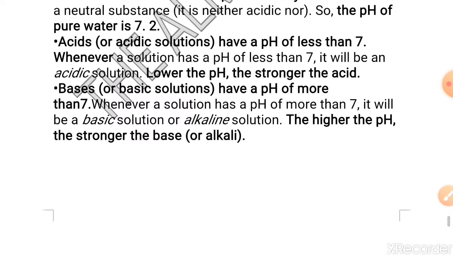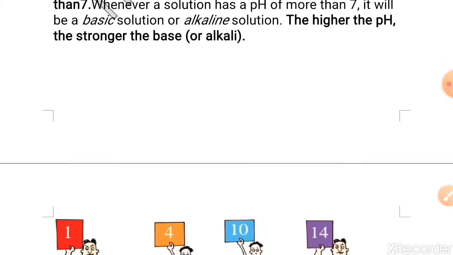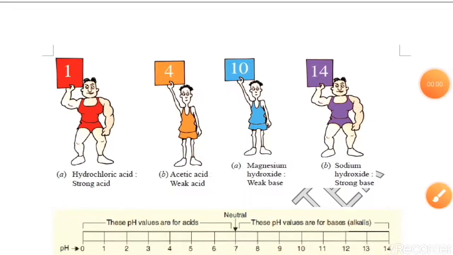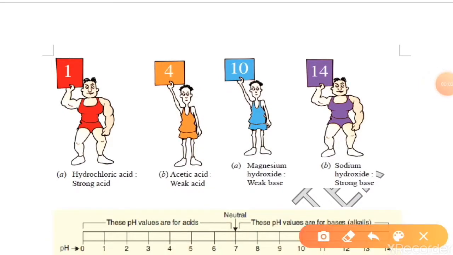Now students, we are comparing acids and bases depending on the pH value. In the first picture, you can see that hydrochloric acid, which is a strong acid, has a pH value of 1. Second, acetic acid, which is a weak acid, has a pH value of 4. It means that the higher the value of pH, the weaker the acid.